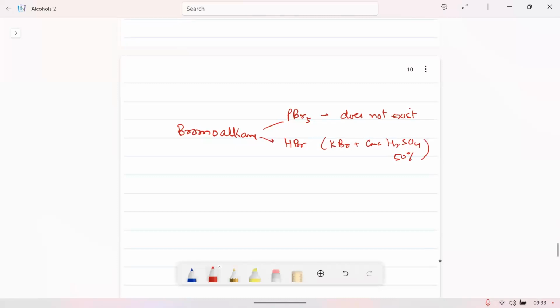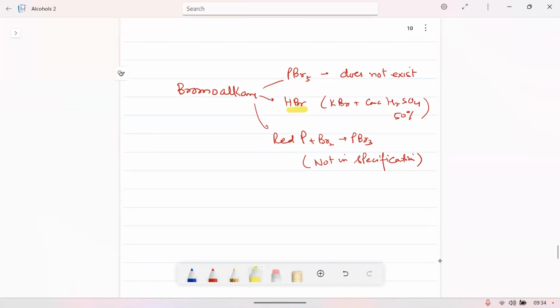And then we can take also red phosphorus and bromine to make PBr3 and then react it. But this is not in the specification, so I did not teach you. So for us, this is the only thing for bromo.